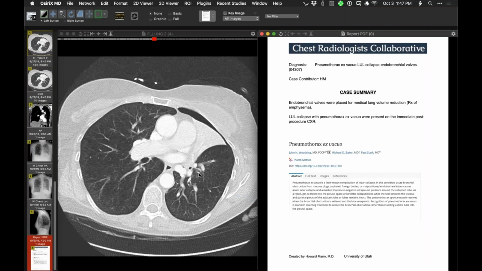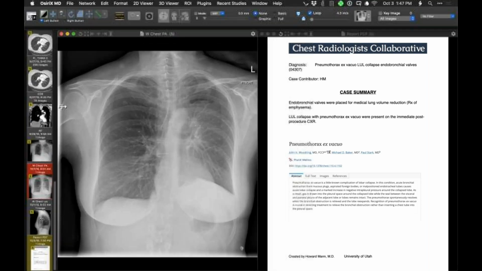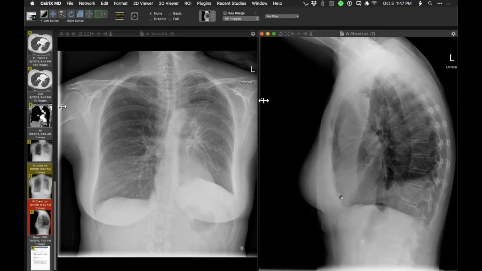So there was no plausible alternative explanation. They just worked in the bronchial tree. There was no reason that there should be a visceral pleural disruption. And this volume loss has persisted. It really isn't getting better. This one is from the other day, and you can see persistent substantial left upper lobe volume loss, residual pleural air.